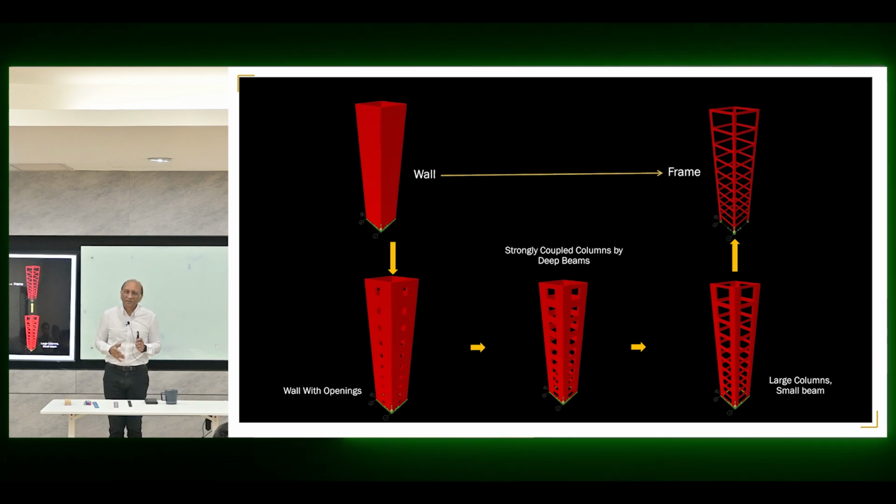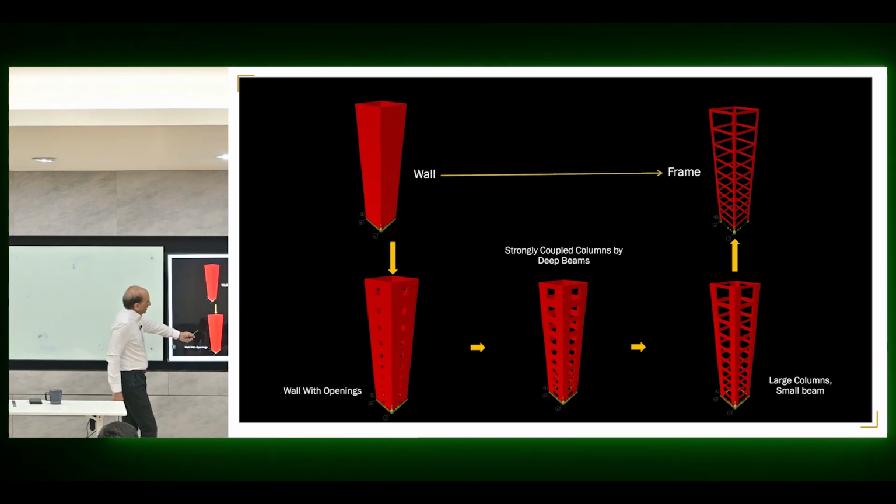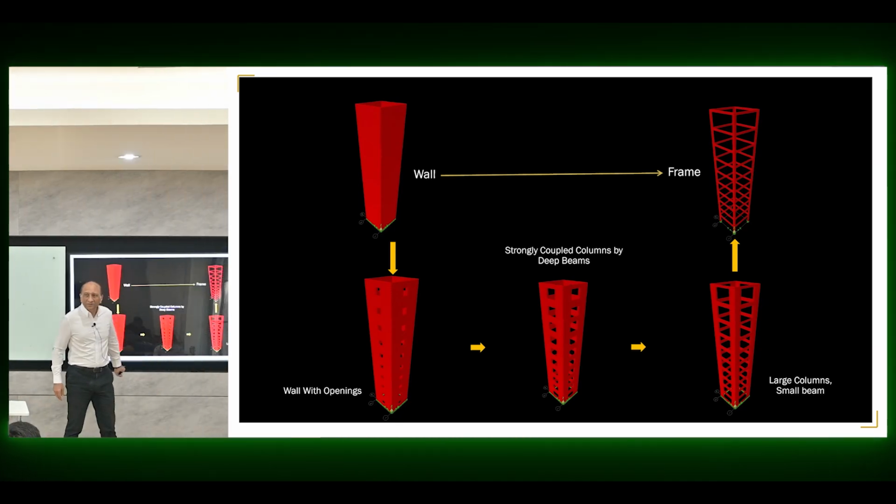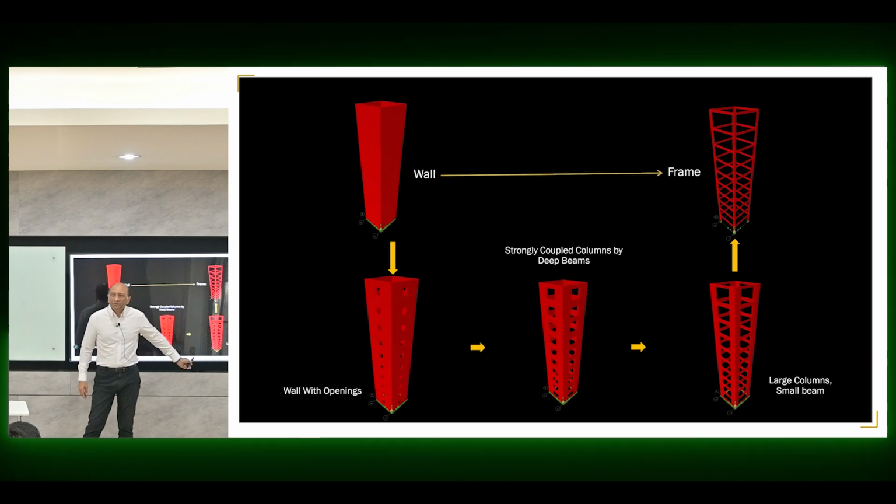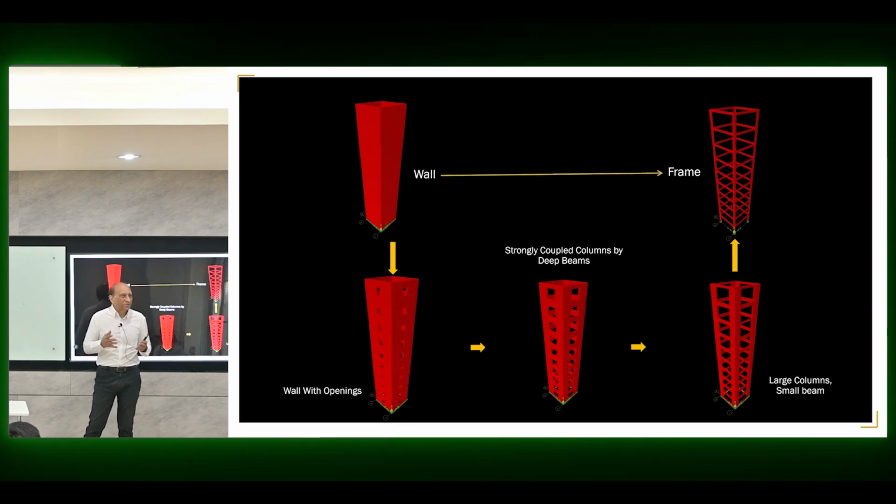That means we should stop thinking about them as differences, because you will have trouble defining these three systems here. You will have trouble thinking about whether it's a large column and large beam or a wall with small openings. How do you differentiate between them? Where do you draw the line?